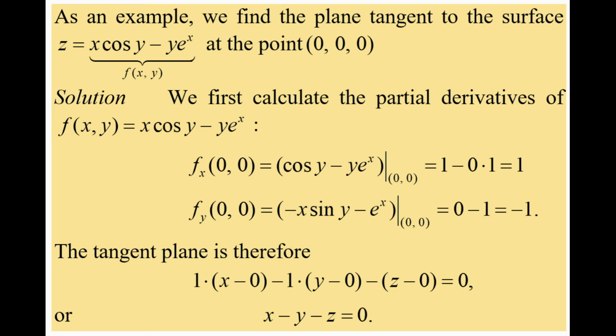And substituting these values of f suffix x and f suffix y in the previous equation, we get the tangent plane at origin of the surface z is equal to x cos y minus y e raised to x is 1 into x minus 0 minus 1 into y minus 0 minus z minus 0 is equal to 0, which simplifies to the equation of the plane as x minus y minus z is equal to 0.